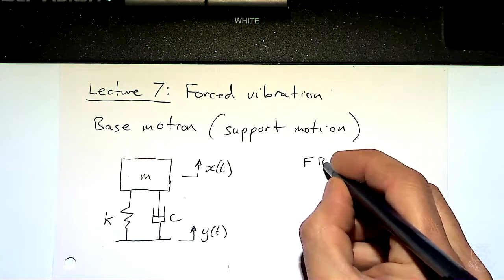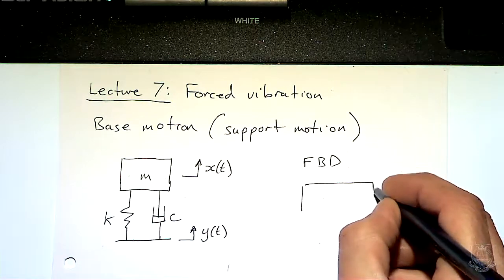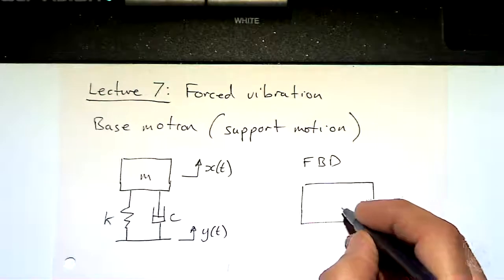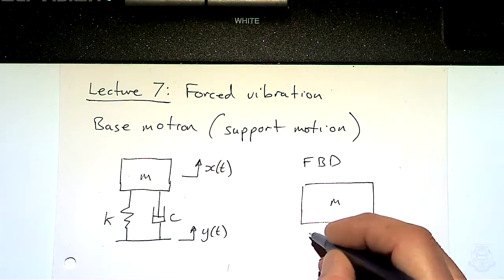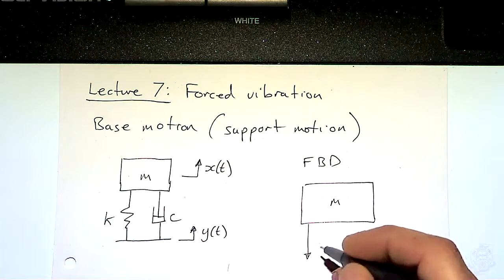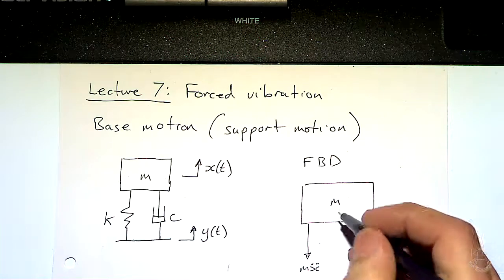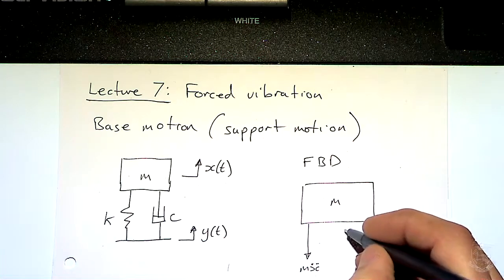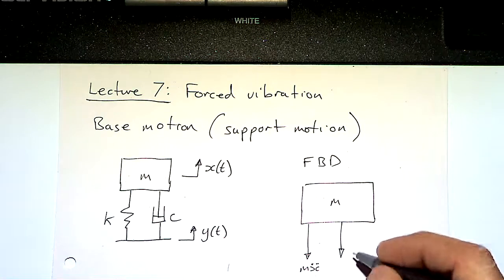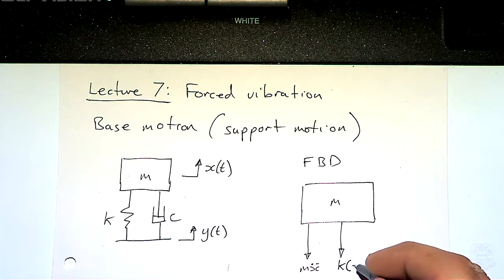So if we do the free body diagram of the mass in a way similar to what we've done before, then again, if we assume that we're trying to move the mass upwards, then initially the inertia wants to resist that and stay in its position, and then we've got a restoring force trying to drag it back down as well, which is the spring constant times (x minus y). Okay, so the difference now is that the spring depends on the positions of y and x.